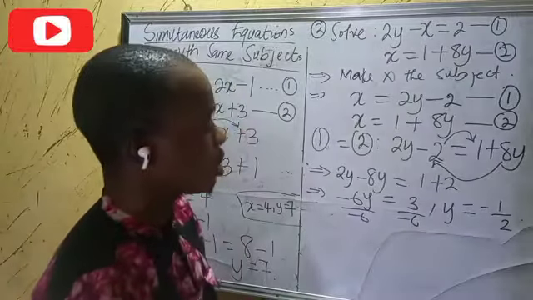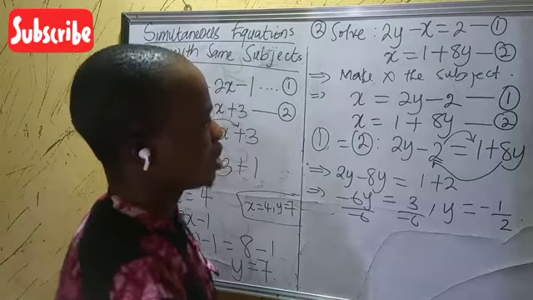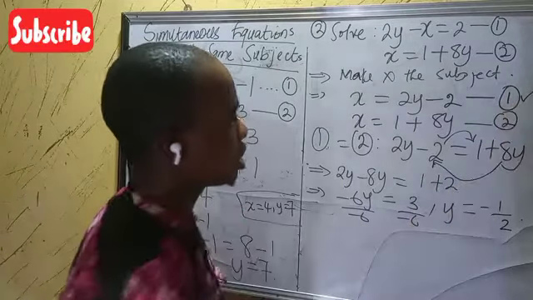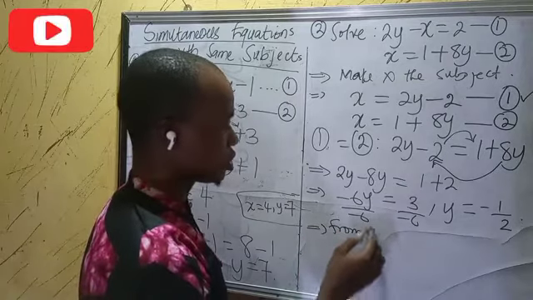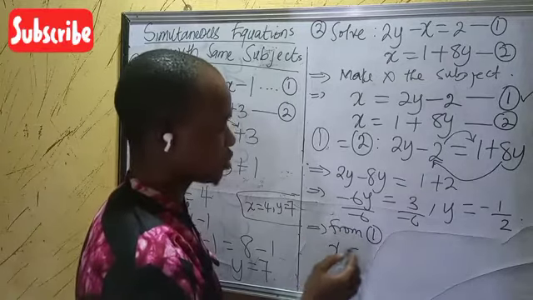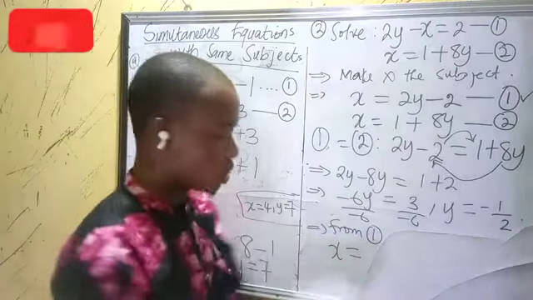So now we have one of the possible solutions: y equals minus 1 over 2. Now from here, we just pick any of these equations. Let's say I pick this equation here, that is from 1. So from 1 we have x equals, anywhere we see y, we put minus 1 over 2.